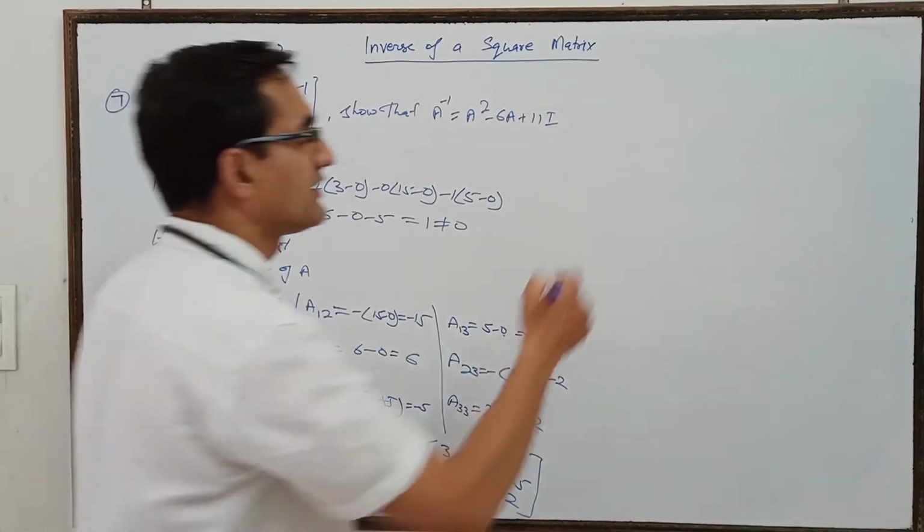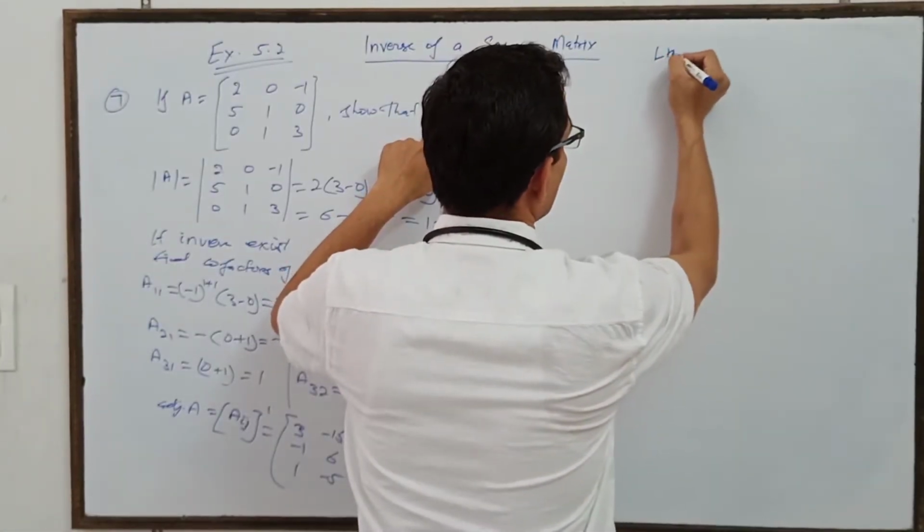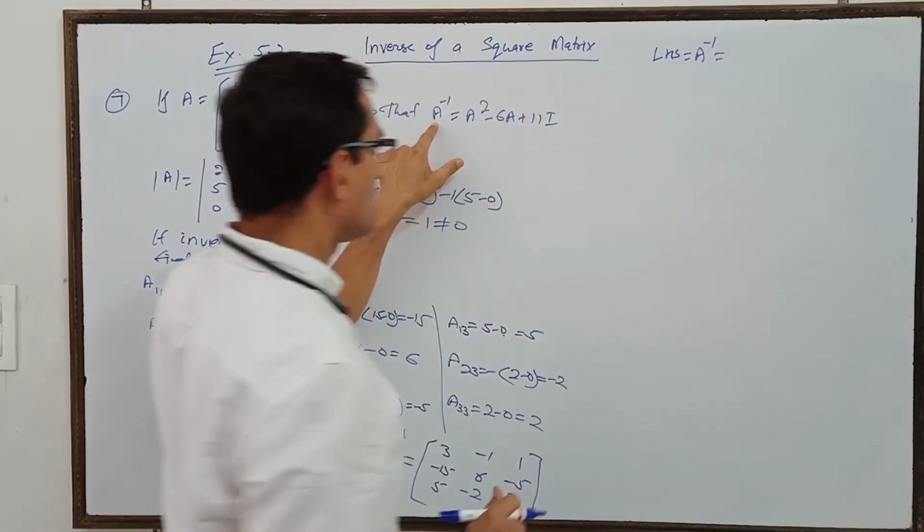We have to find the left hand side. This is inverse of A. What is inverse of A?